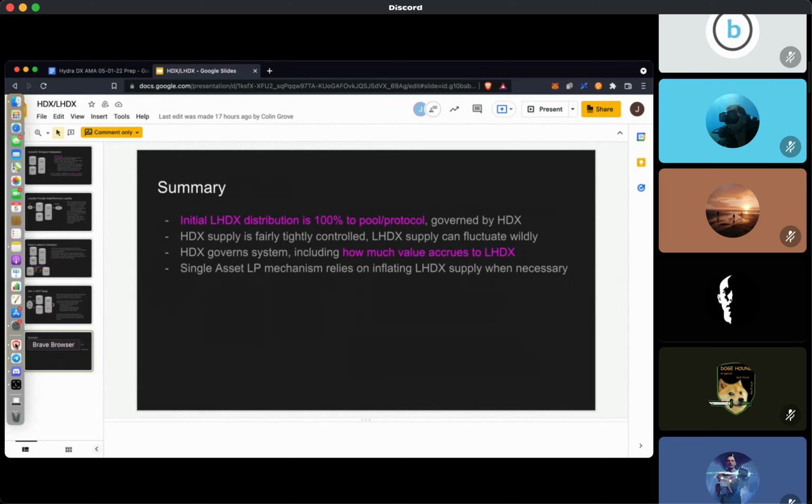But on the other hand, the FUD that HDX became useless after this change is just FUD and not true, because HDX was actually never stronger than now. So let's wrap it up.